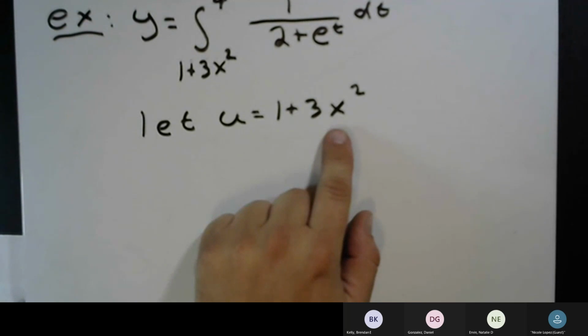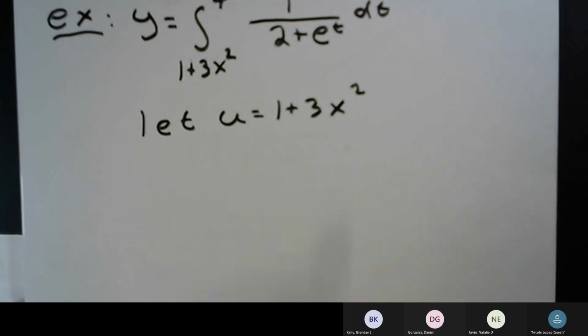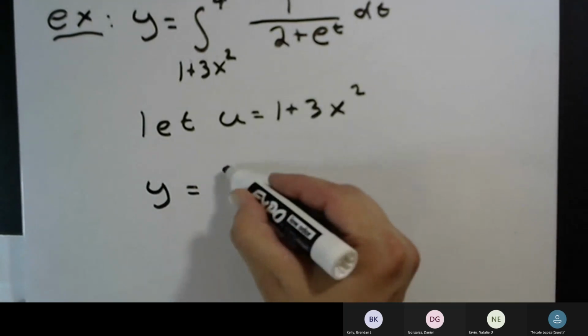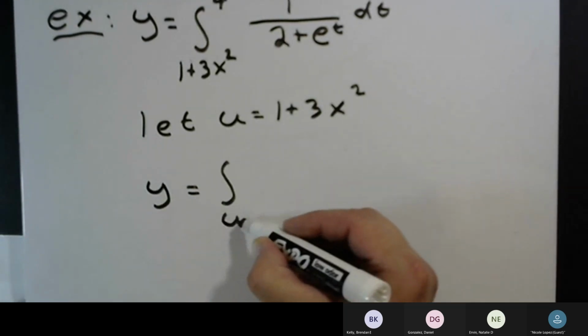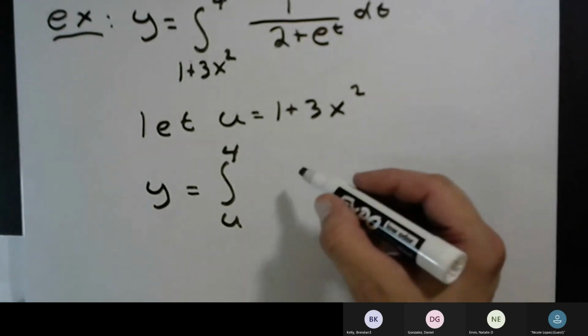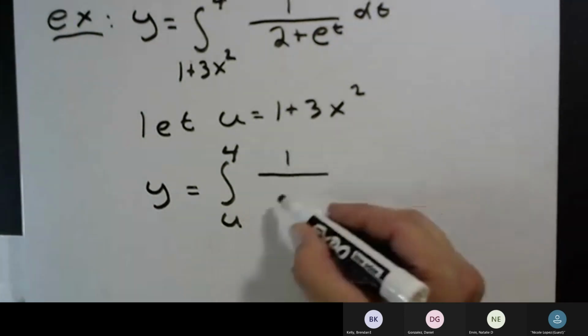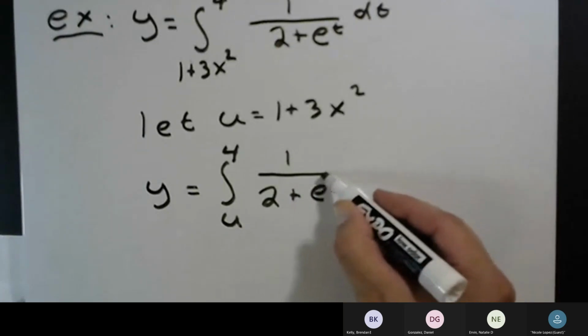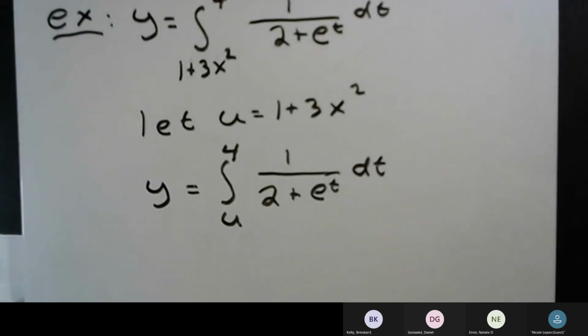So to the extent that this is unknown, this is also going to be unknown. So we can write this as the integral from u up to 4 of 1 over 2 plus e to the t dt.